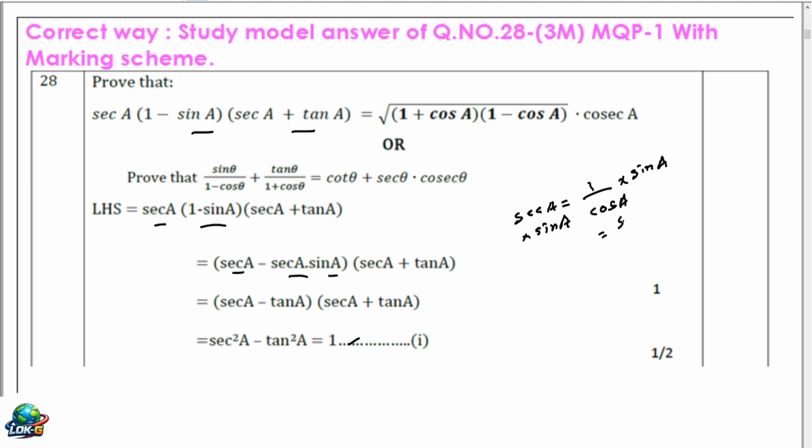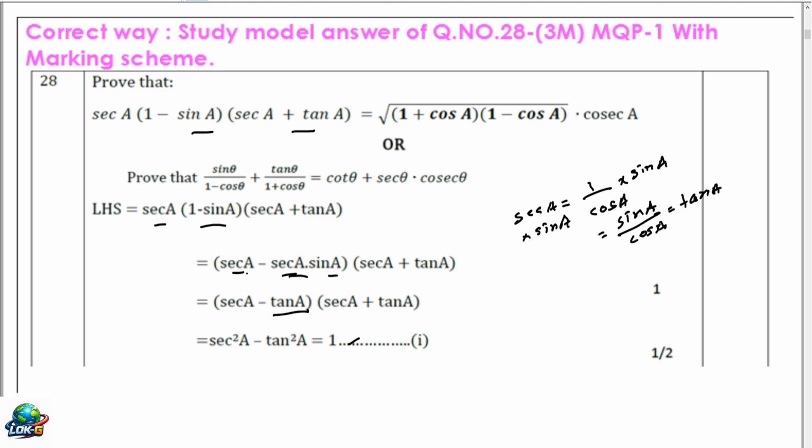You will get sin A upon cos A. What is sin A upon cos A? You studied that it is tan A. Therefore, in the solution, directly we have written here tan A. So sec A into sin A is equal to tan A.